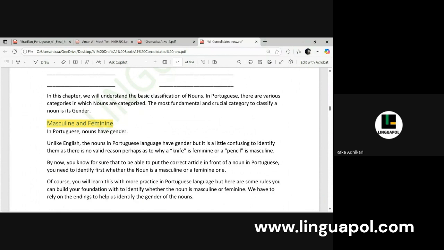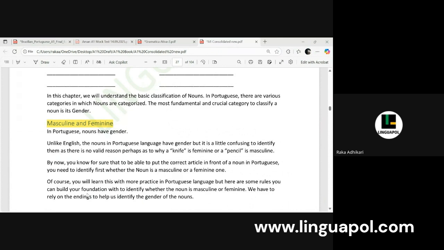In the Portuguese language, gender is very, very important. The gender of a noun can affect the whole sentence, like it will affect the gender of the pronoun, the gender of the article, gender of adjectives, and the verb as well. So everything changes according to changes in the gender.